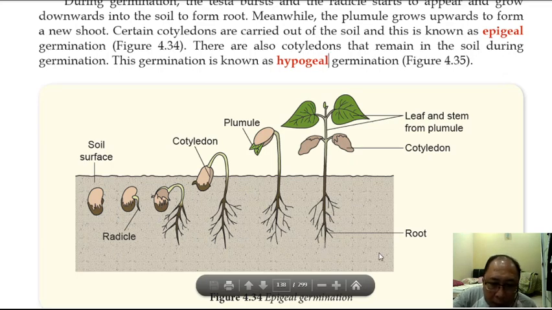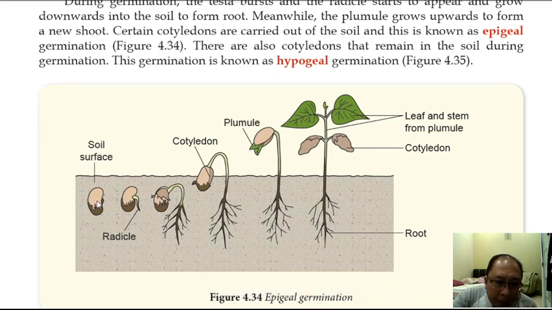So this is the diagram to show the process of epigeal germination. You can see from here, the seed is planted into the soil, and during the process of germination, the cotyledon itself will come out from the soil like this, and then a new plant is produced.